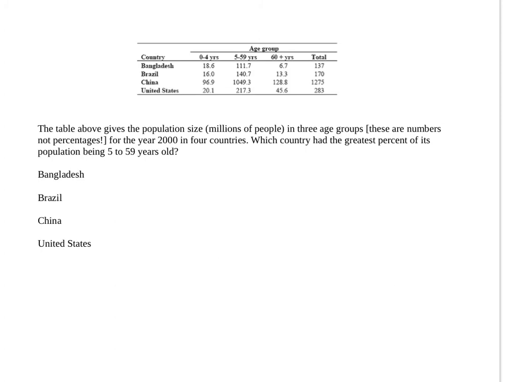Now, this is actually a little bit more in-depth, and you will need a calculator, because you need to look at 4 different quotients. The first one, for Bangladesh, is 111.7 divided by 137. For Brazil, it's 140.7 divided by 170.